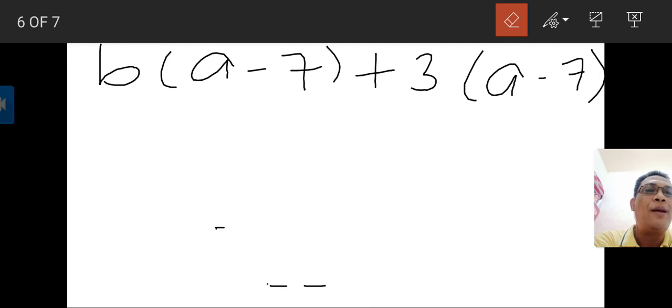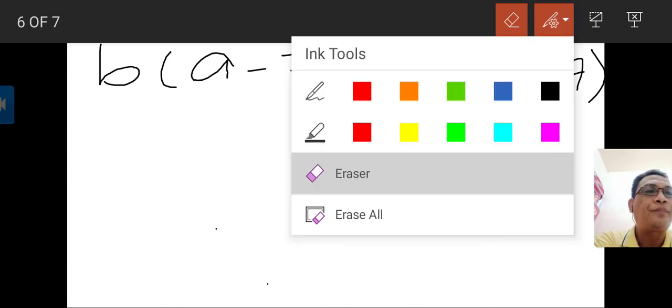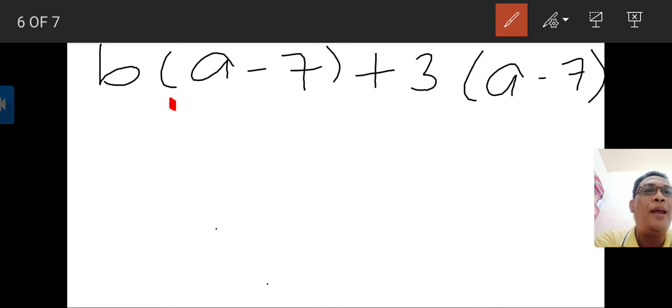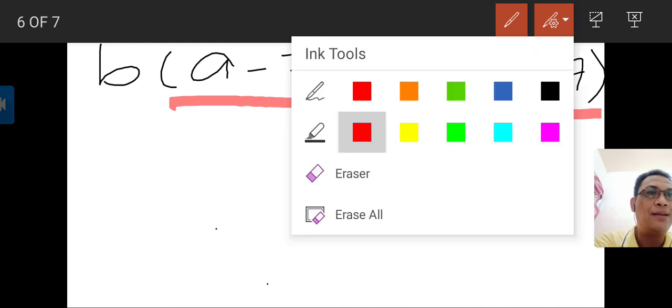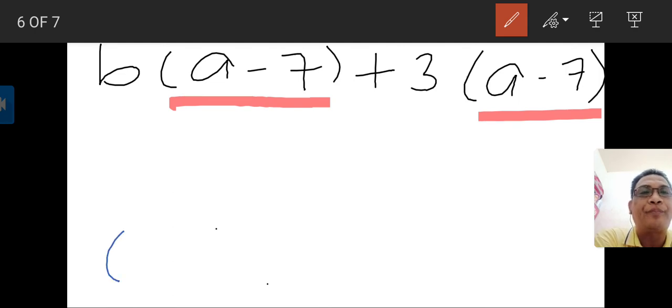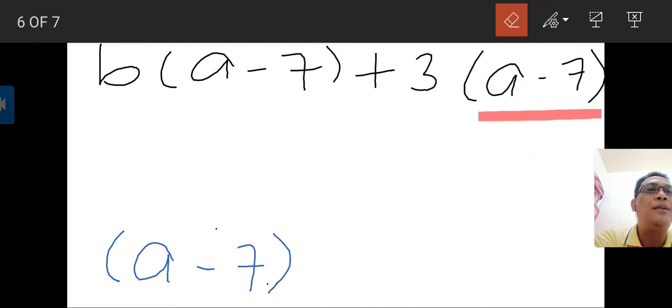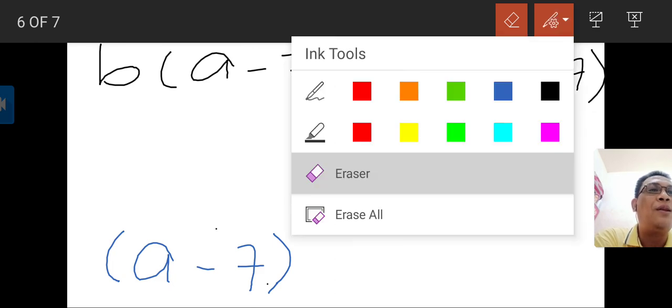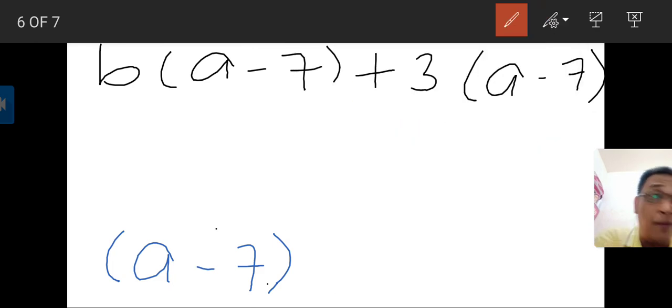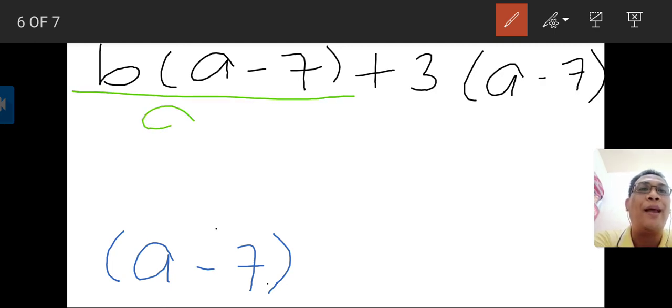So, in this derived polynomial, we have your GCF, or the common factor. Your GCF will be a minus 7, and a minus 7. That is your GCF. So I will divide your derived polynomial by your GCF, which is a minus 7.